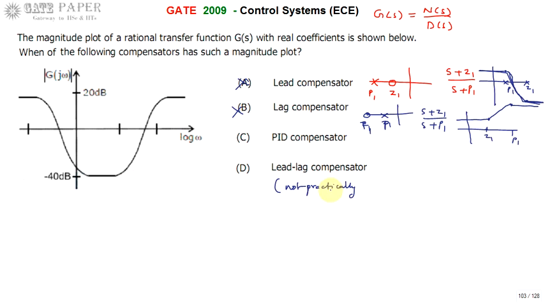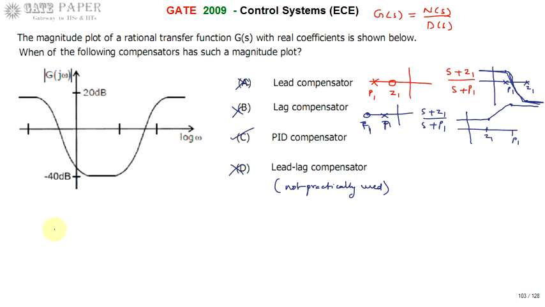You don't find it in any textbook, and even if you search on the net, you don't get any information about a lead-lag compensator. What is used practically is the lag-lead compensator, which is the more generally used compensator; a lead-lag compensator never occurs in practice. So this is also not the right answer. The right answer is PID, but we will prove how a PID can have this type of nature.